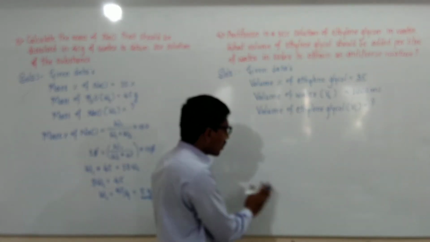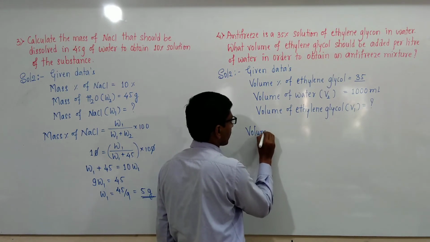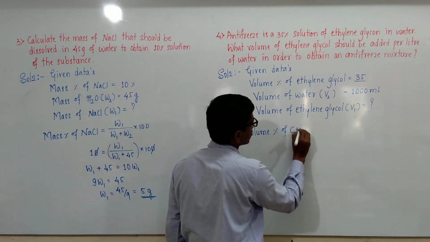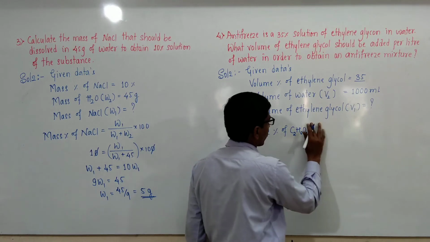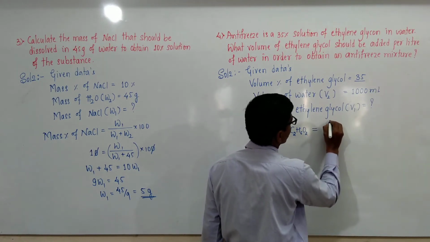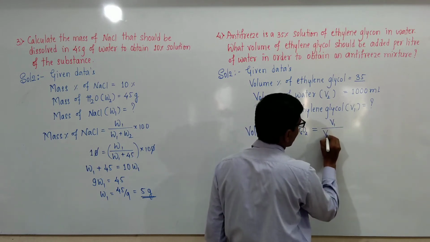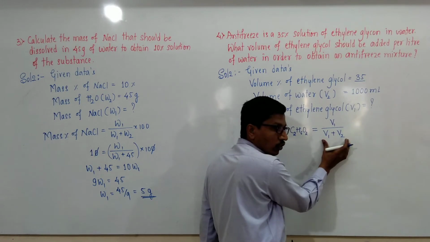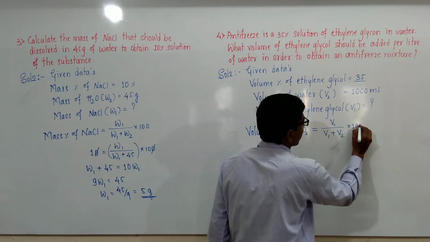And from the volume percentage of ethylene glycol, formula C2H6O2, this is the ethylene glycol. Volume percentage is equal to V1 divided by V1 plus V2, volume of ethylene glycol divided by volume of total solution into 100.